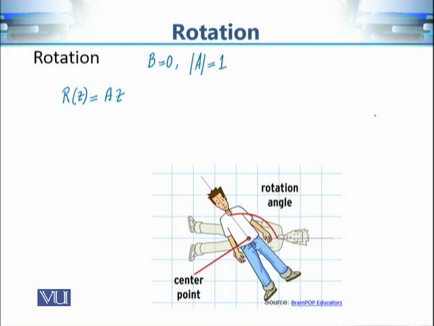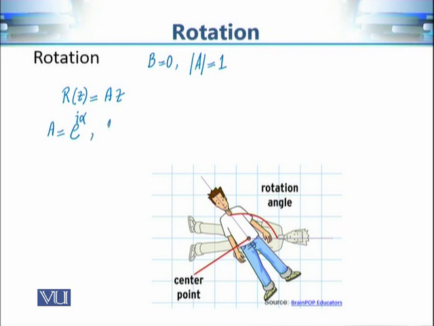Now if we want to understand its geometrical meaning more efficiently, then we use polar coordinates. If the modulus of A is equal to 1, the form of A becomes e raised to power iota alpha, where alpha is the argument.